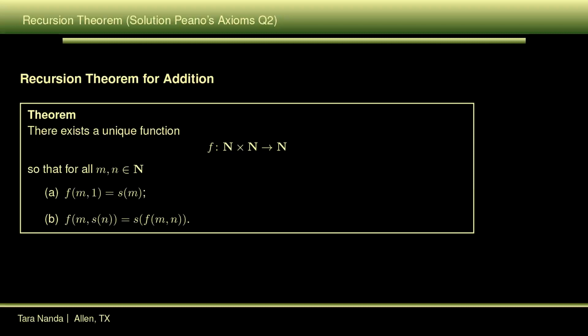Moreover, what we want in property B is that the value of the function at m comma s of n should be equal to the successor of the value f at m comma n.